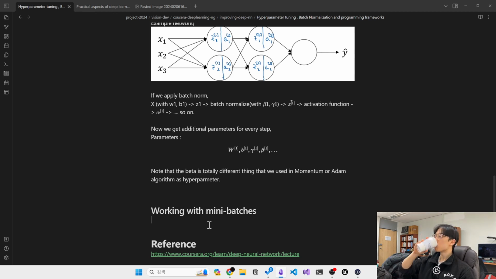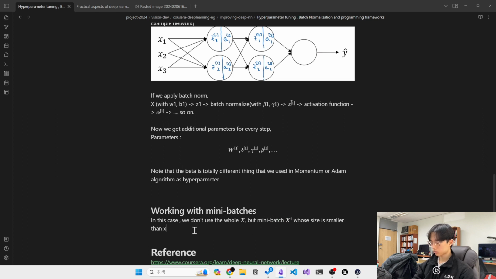So you do all this in order to perform one step of, say, gradient descent on the first mini batch, and then you go to the second mini batch, X2, and you do something similar, right?